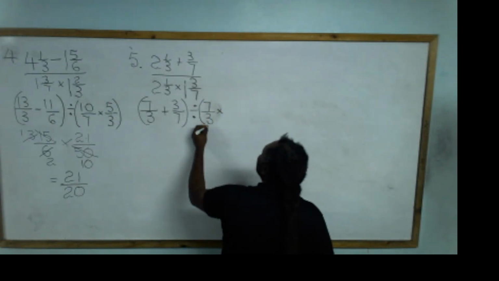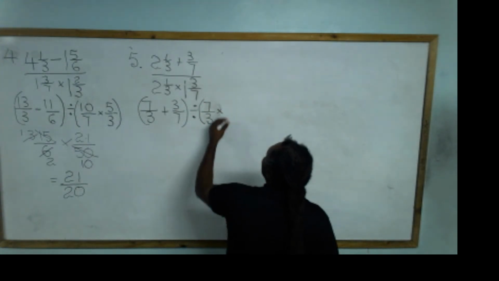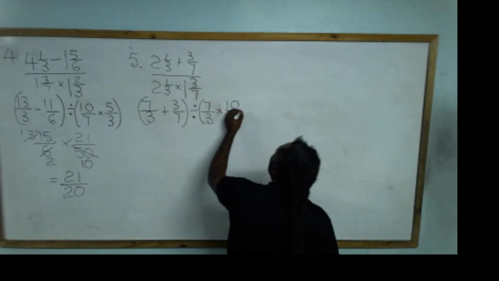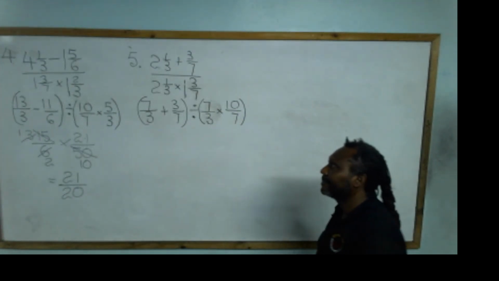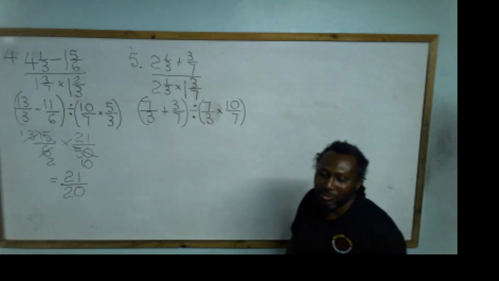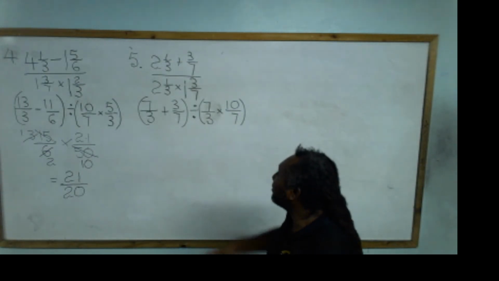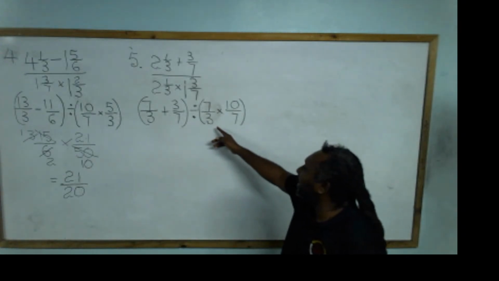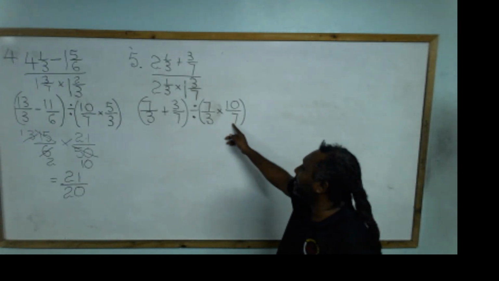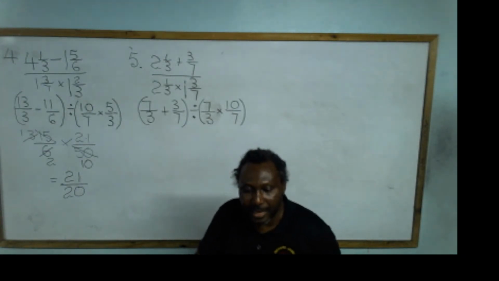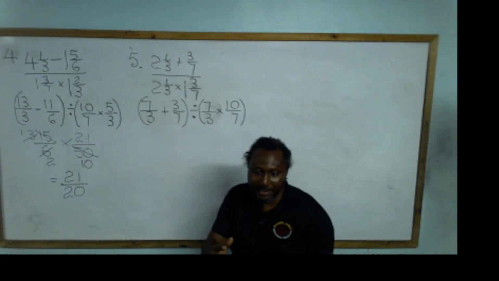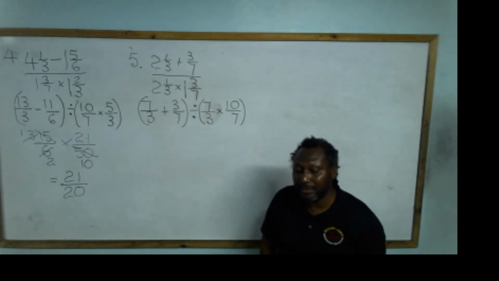Multiplied by 10 over 7. Nice. Students, you know what I'm going to do already. I'm going to take advantage of the fact that this is 21 and the common denominator here is 21. So I will not attempt a simplification until the 21 cancels the 21.